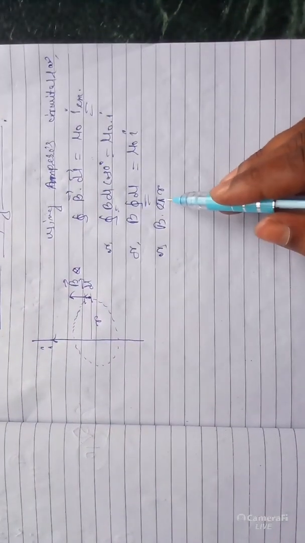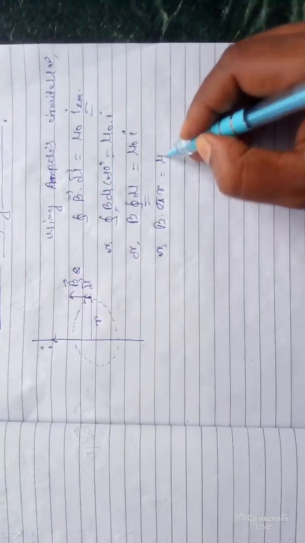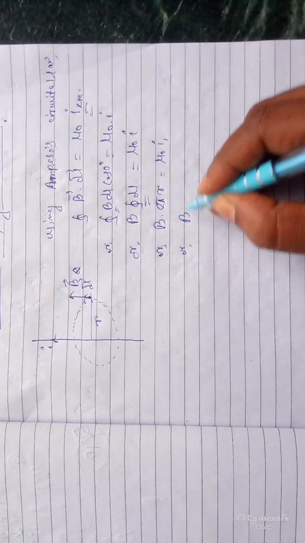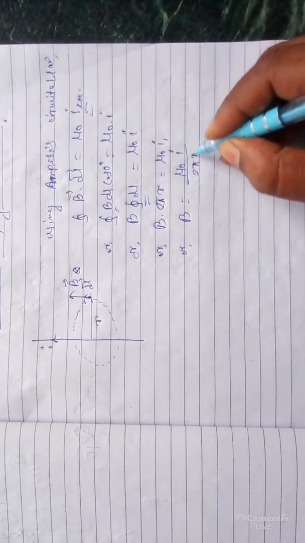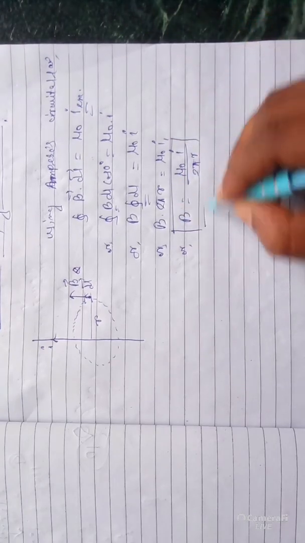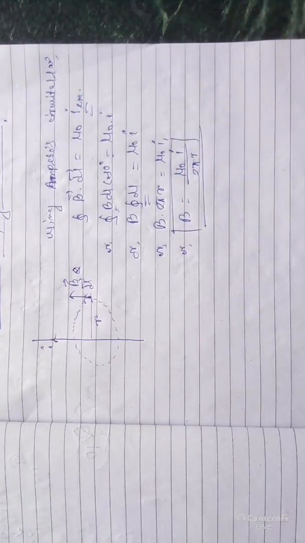So B times twice pi r is equal to mu naught I enclosed, or B is equal to mu naught I by twice pi r. So we get the same value using Ampere's circuital law. The derivation was two pages long, but in this case just five lines are enough, and the full concept is there. So the magnetic field due to an infinite current carrying conductor is B equal to mu naught I by twice pi r.